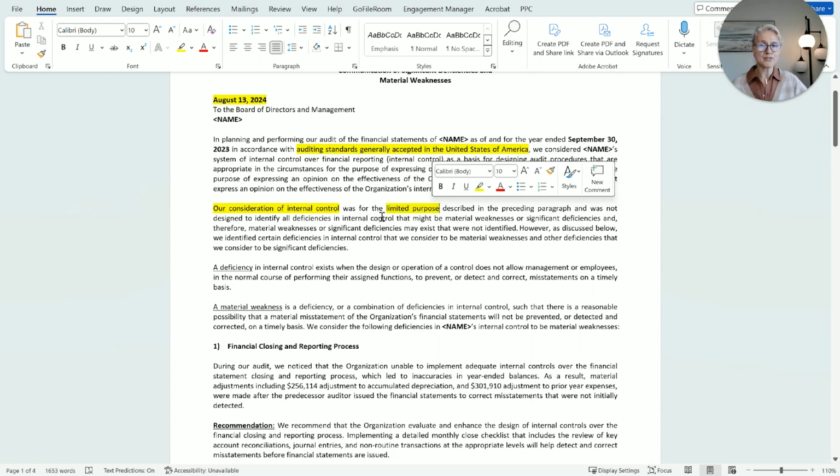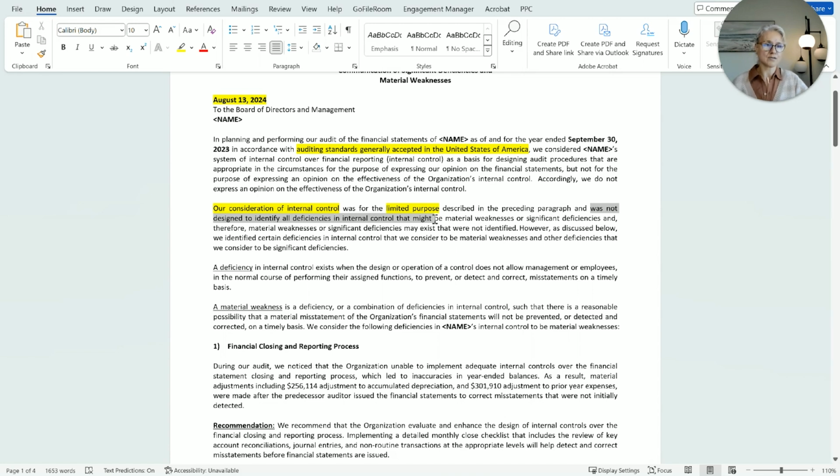We only used our consideration of internal control to issue the report on whether the financial statements are materially misstated. And our procedures were not designed to identify deficiencies in internal control. So we do not specifically look for deficiencies in internal control.